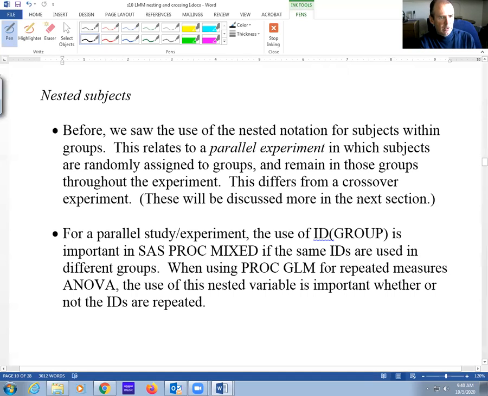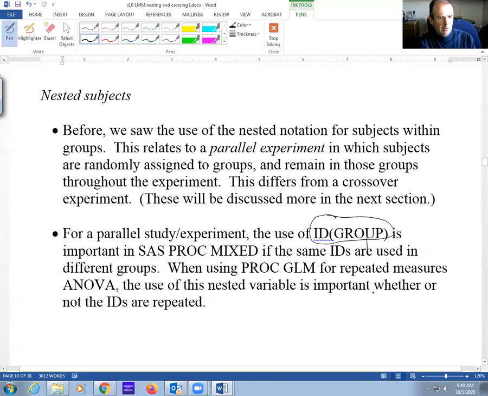But another reason why we would want to use this type of notation, especially if you just have random effects, is what we talked about with denominator degrees of freedom. This becomes useful because it will give you the correct denominator degrees of freedom.